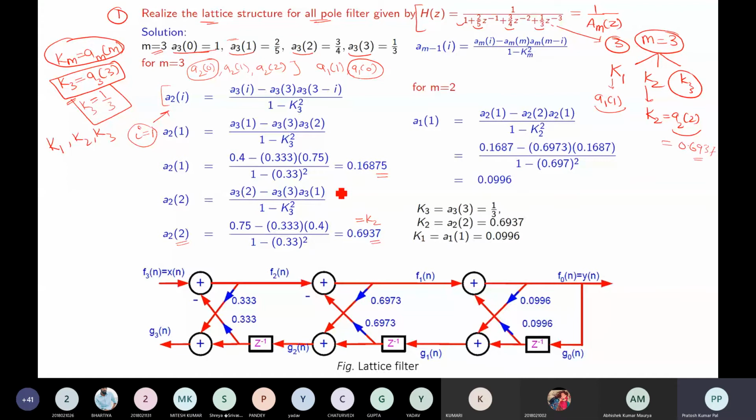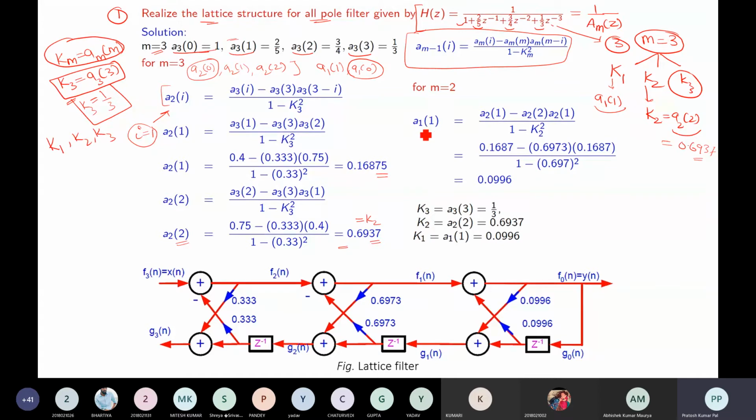Here the K2 value is 0.6937. Once we know the K2 value, now we need to find the K1 value. To find K1, we need to find a1(1). In the same generalized formula, we find a1 by putting m equals 2.